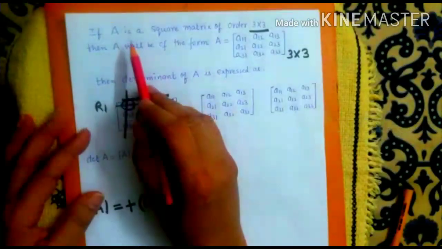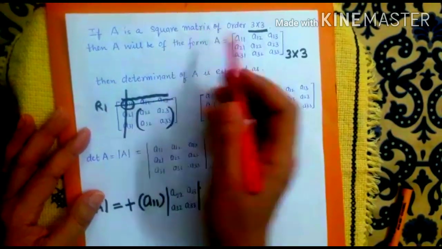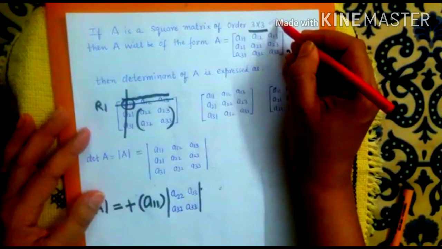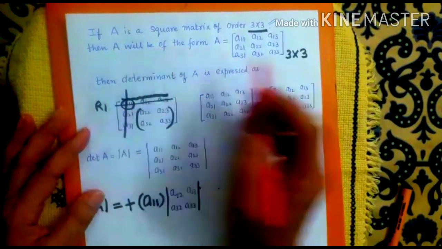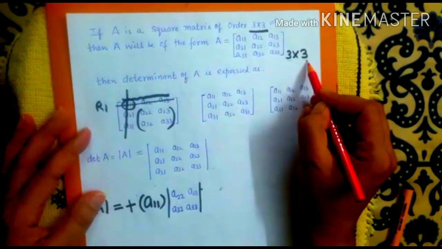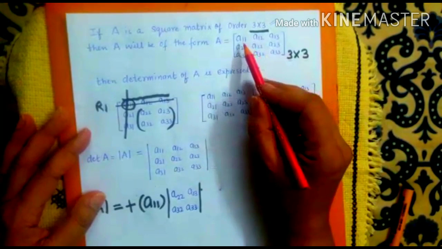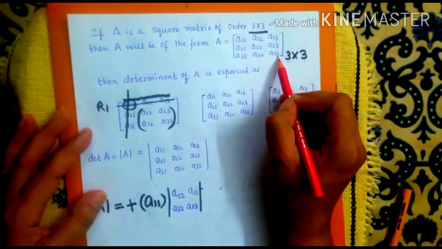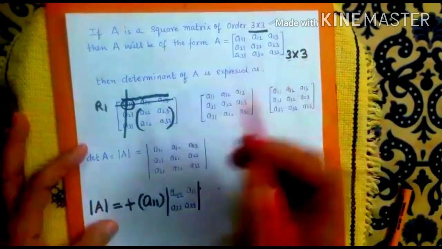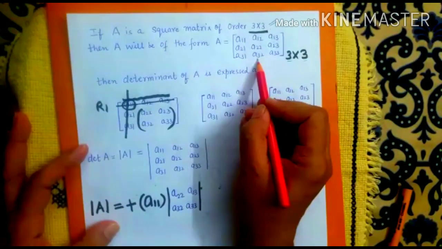Now we will discuss how to find the determinant of a square matrix of order 3 by 3. Here we have a square matrix of order 3 by 3, so the matrix will have 3 rows and 3 columns. So let's see how to find the determinant in this case.